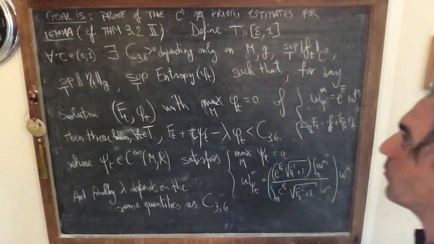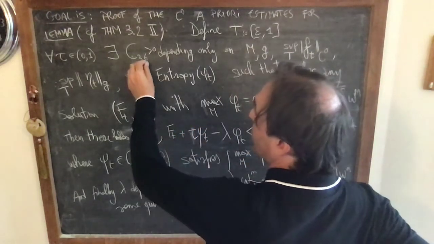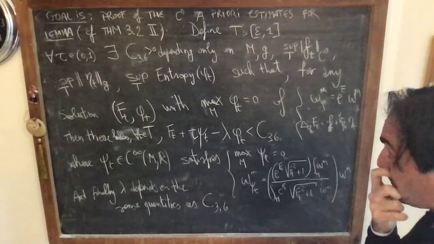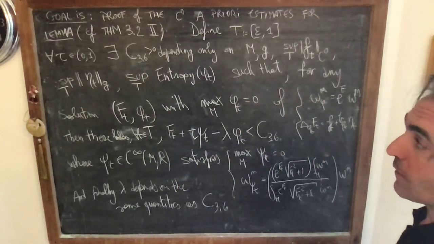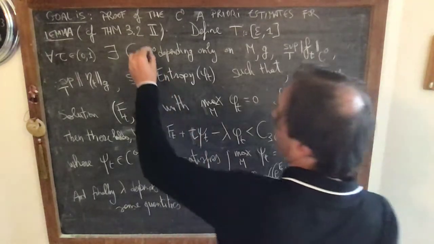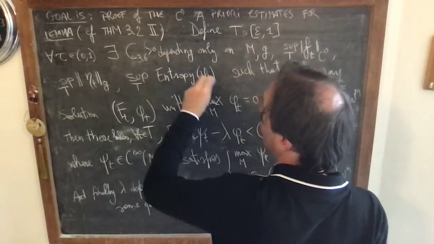A few remarks about this statement. This C3.6 is the classical appearance of an a priori constant. So it's classical; as usual, it should be positive.